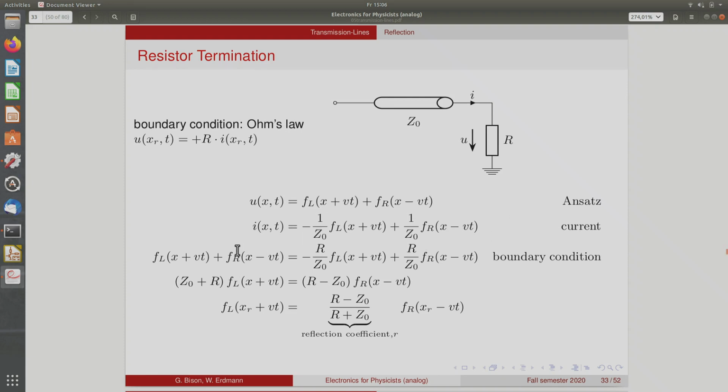So if we insert this into our boundary condition, that voltage is resistance times current, we get this equation. And then if you sort the terms for left and right, you get something similar, but with different factors.